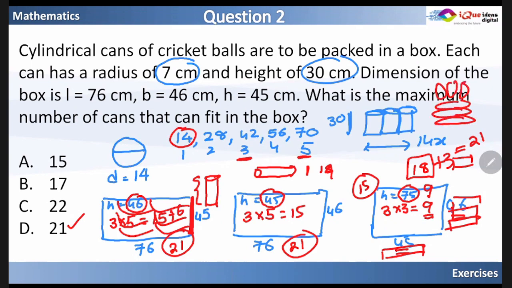This is for our understanding that I'm turning the boxes. But if I keep the box as it is, I can change the orientation of the cylinders inside. Do you get that? I've changed the orientation of the box, but I could have kept the box as it is and changed the orientation of the cylinders.